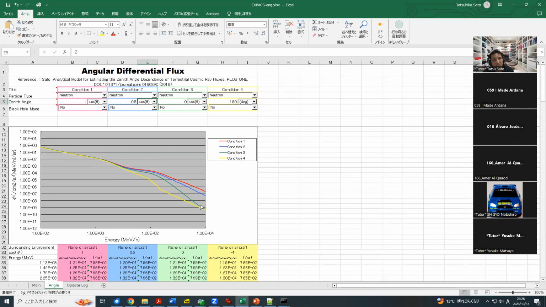But for high energy, there's a huge angular dependence. So you can get this information. But in XPaths, there is no function to plot the flux as a function of cosine theta. So if you want to estimate the angular distribution itself for a certain energy cosmic ray, it's better to use FITS.